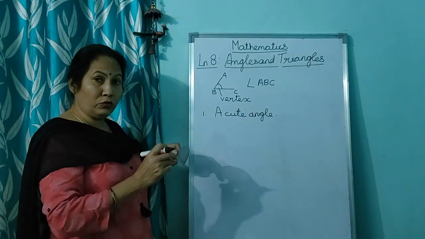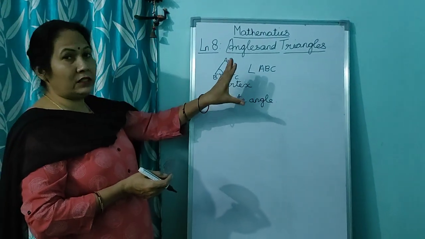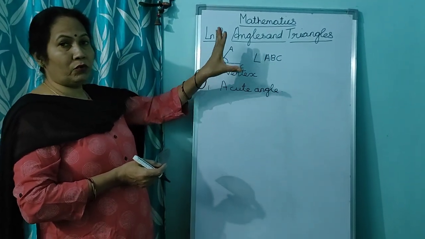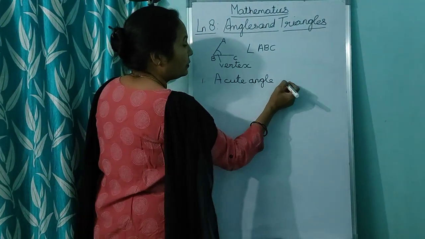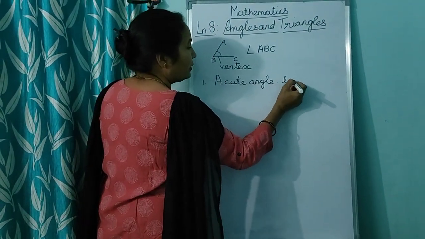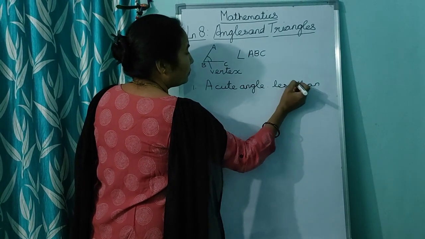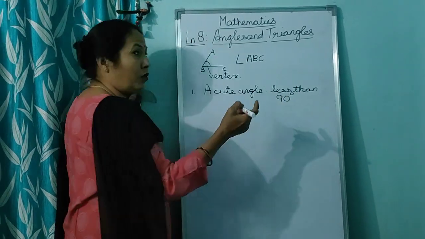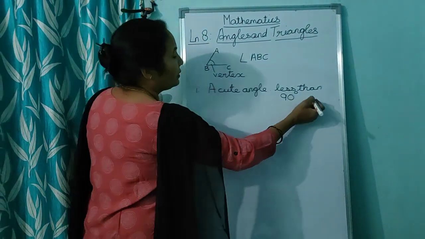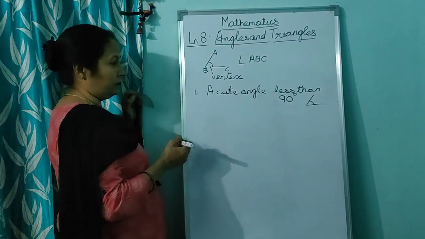That is acute angle, and the acute angle is always in this form, means it is opening. So acute angle is less than 90 degree and more than 10 degree, and the shape of this will be like this.